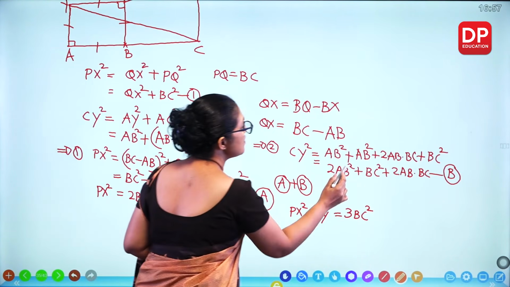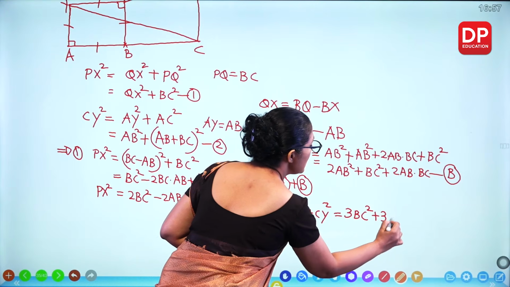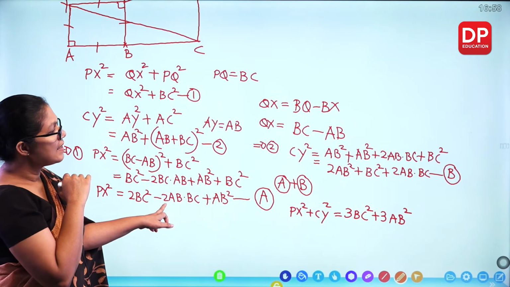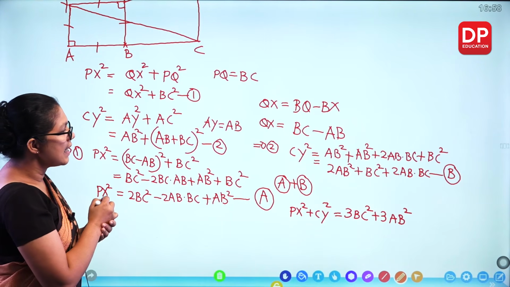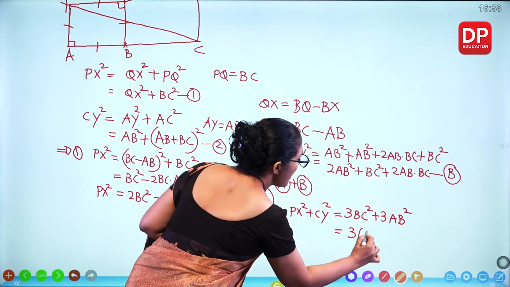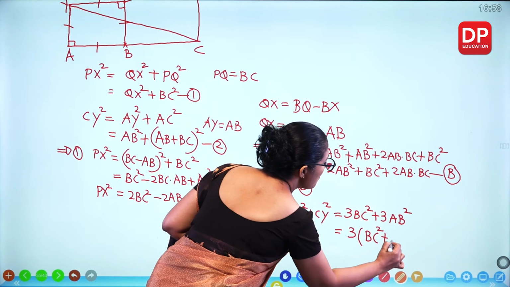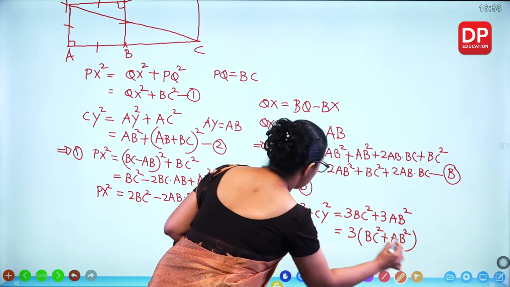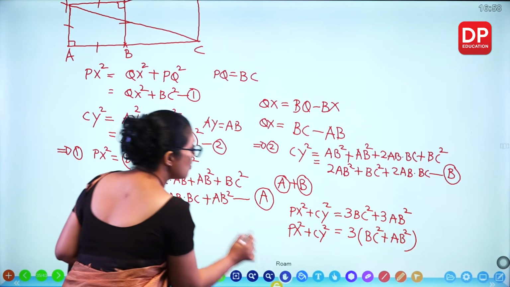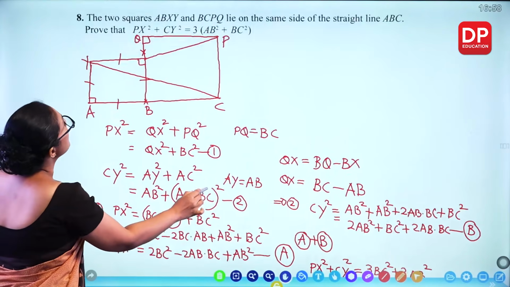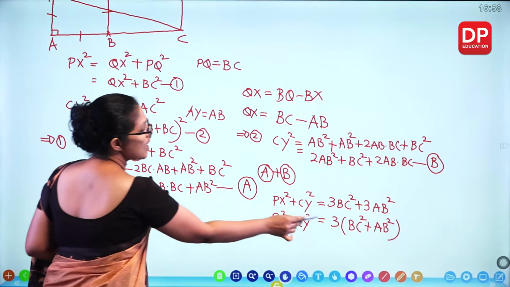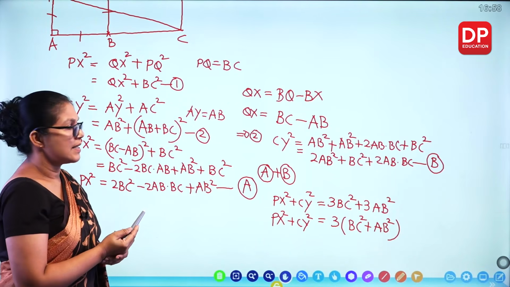AB squared and this 2AB squared, I'm getting 3AB squared. Minus 2AB BC plus 2AB BC get cancelled out. So I can take 3 out from this and write down BC squared plus AB squared is equal to PX squared plus CY squared. So that's what we need. 3 times AB squared plus BC squared.